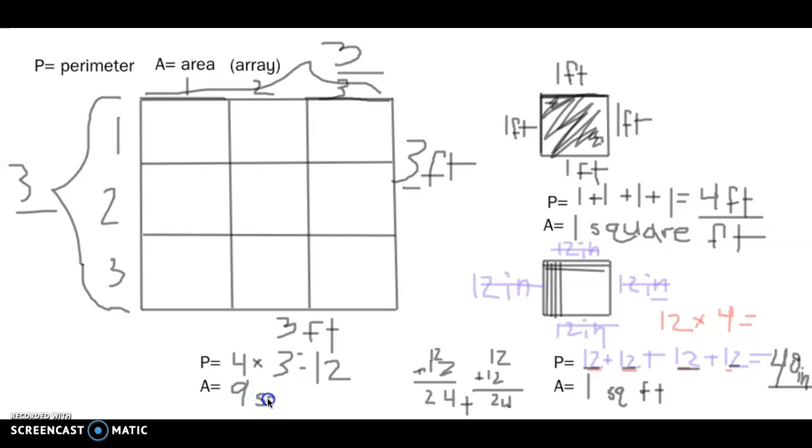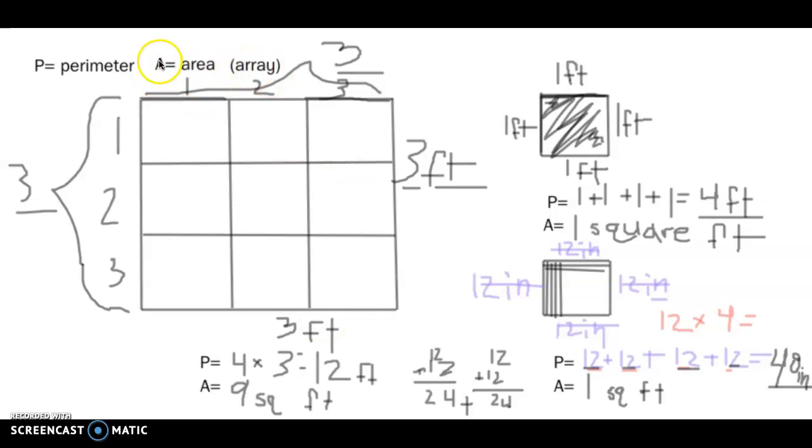Square, because when we're talking about area, we're measuring how many squares. 9 square feet. And I didn't label my perimeter. Do you see that? 12 feet is my perimeter. The outside of my shape, the length of the outside, the distance around it is 12 feet. And the inside is 9 square feet.